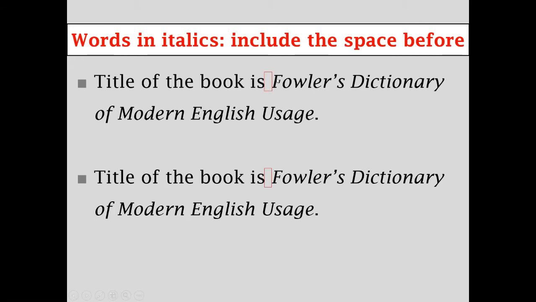Why? Because in italics, the letters slant to the right. So if you don't include the space before the italics, which will be a normal space, the gap between these two words will be a little too wide. That's why it's good practice, if you set everything in italics, to include the space before, but not the space after.